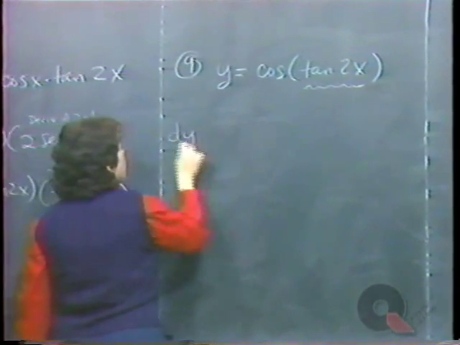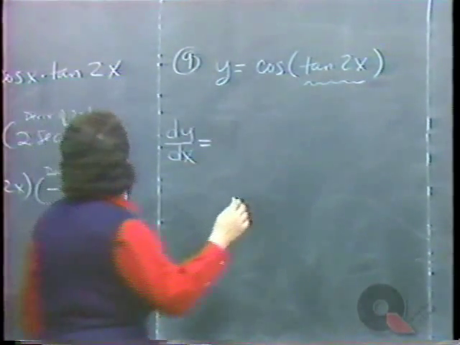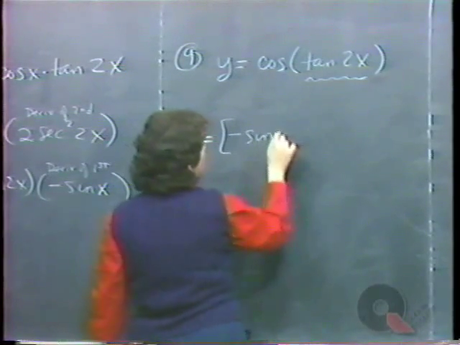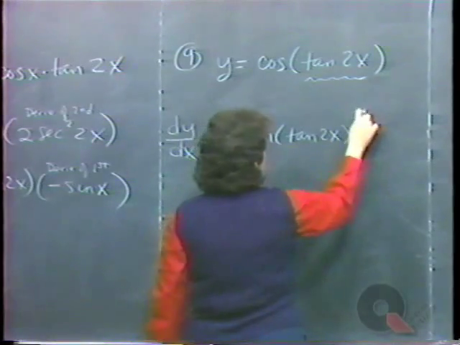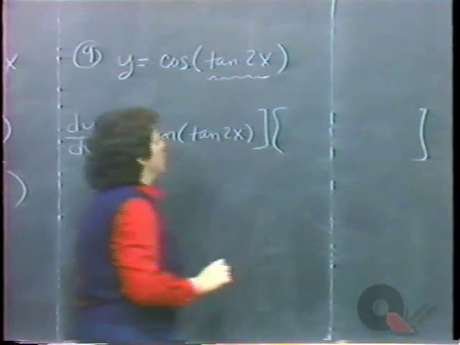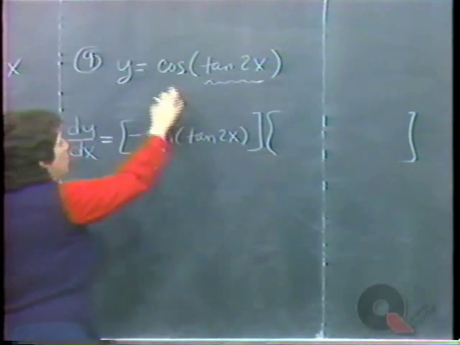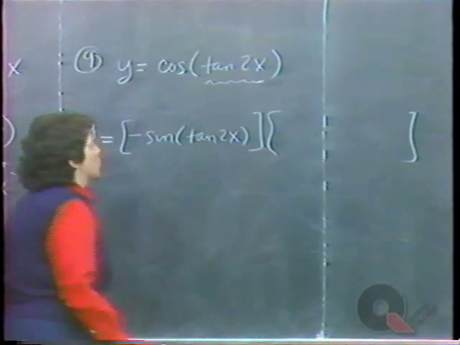Well, the derivative of cosine of squiggle will be minus sine of squiggle times the derivative of squiggle. The derivative of cosine of squiggle here will be minus sine of squiggle times the derivative of squiggle.